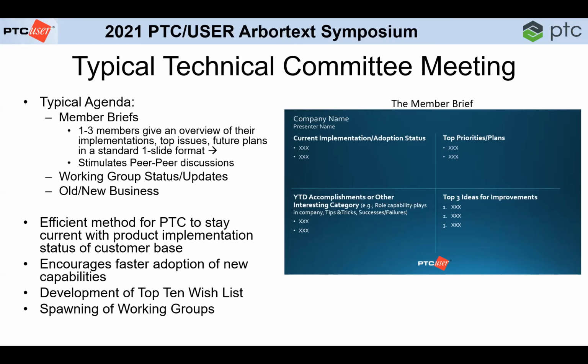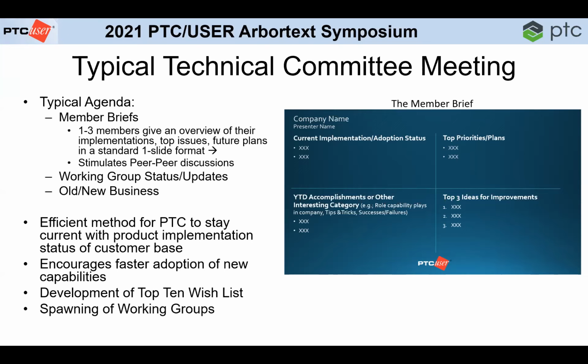As we meet and go forward, we'll generate this list and prioritize it. We'll give PTC some use cases around it, so they can bring that in and potentially use that to develop their roadmap. This is not something where PTC has said, we'll do everything on your list, but it's more of a way for customers to give feedback back to PTC as to the direction they would like to see the product go.